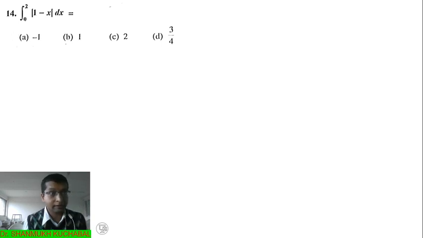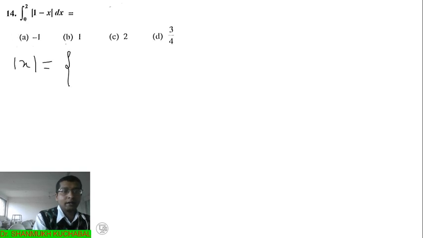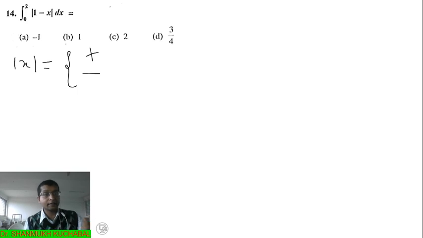Integration from 0 to 2 of mod of 1 minus x dx. So mod means we have two values. For the modulus of a function, we have two values: when it is positive and when it is negative. Therefore here the given interval is 0 to 2.